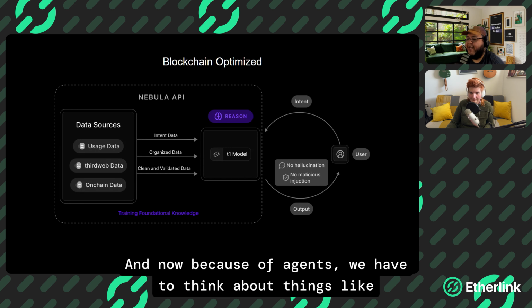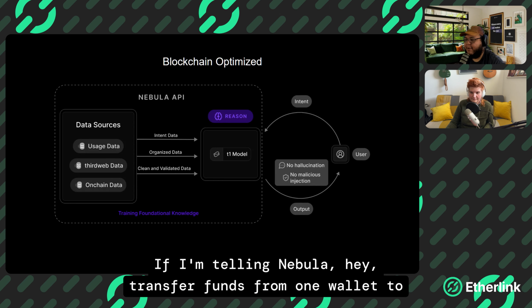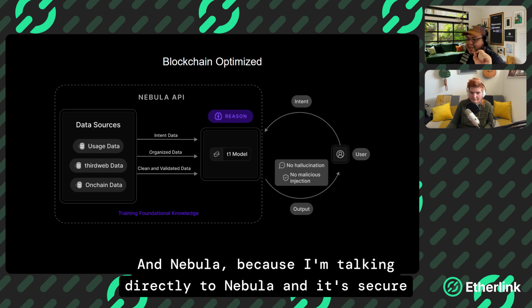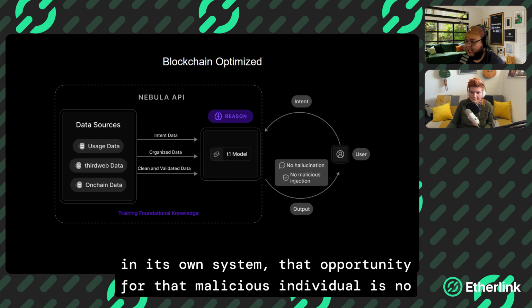And now, because of agents, we have to think about things like malicious injection. If I'm telling Nebula, transfer funds from one wallet to another, there is an opportunity for individuals to intercept themselves. Because I'm talking directly to Nebula and it's secure in its own system, that opportunity for a malicious individual is no longer available.